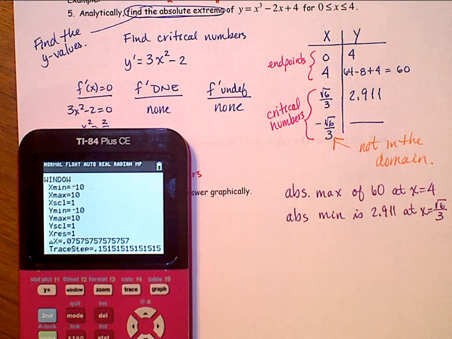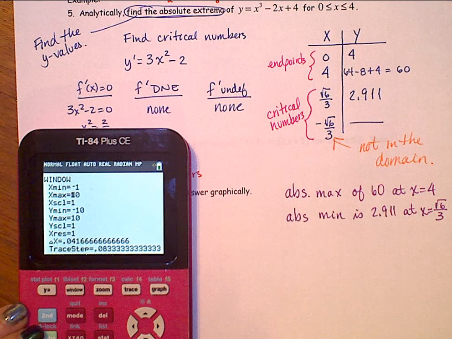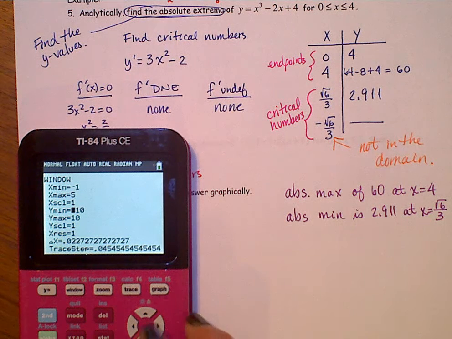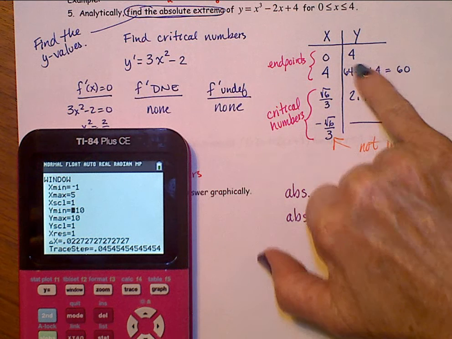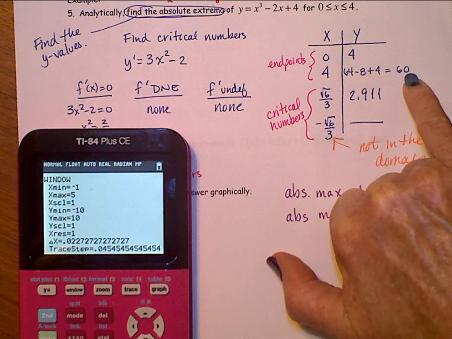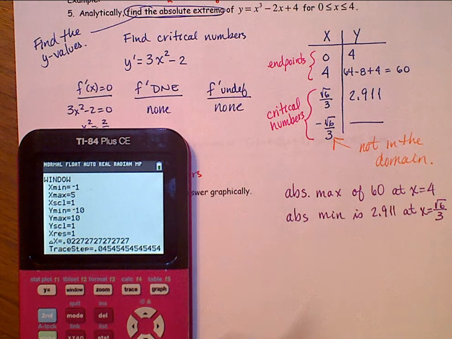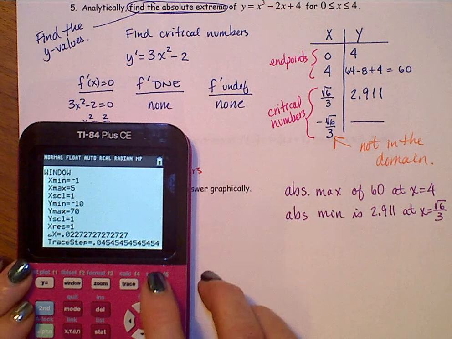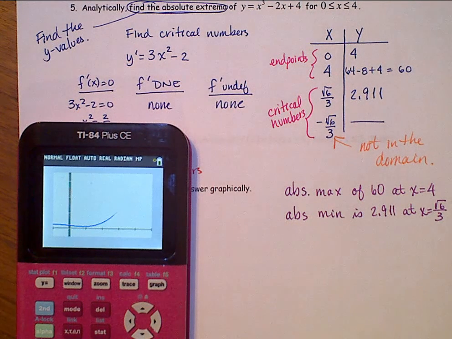I think I'm going to go between -1 and, say, 5. Y values. Well, here we know we're hitting 4, and we know we have to hit a 60 up here, so let's just make that a little bit bigger. How about -10 up to, say, 70 or so. Graph. And that's what we see.